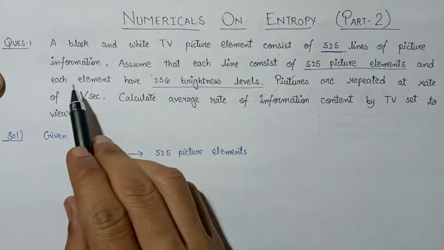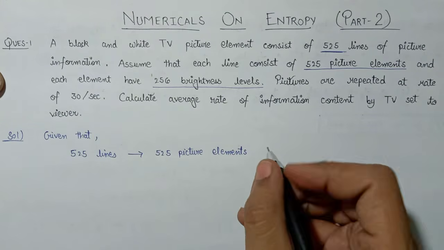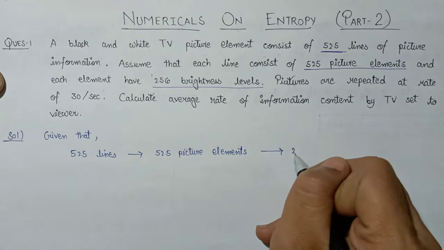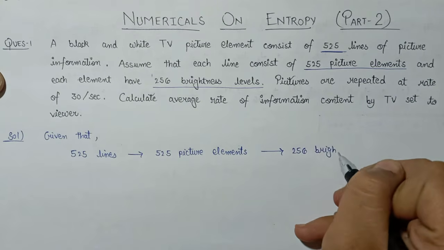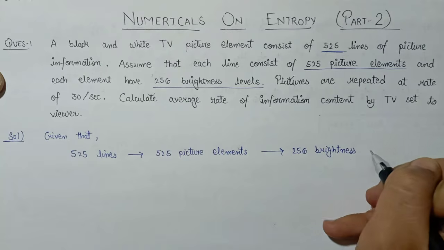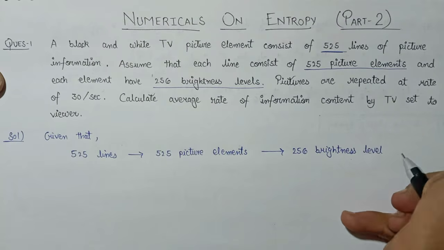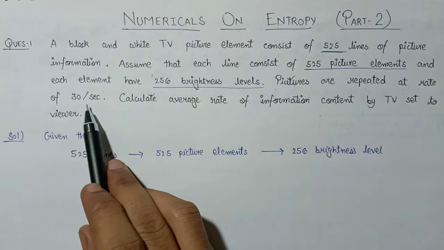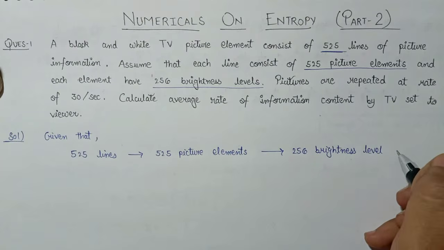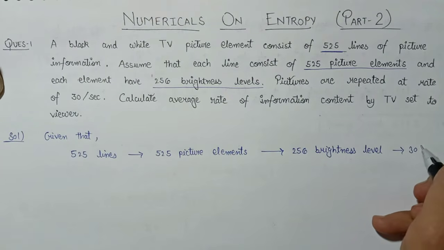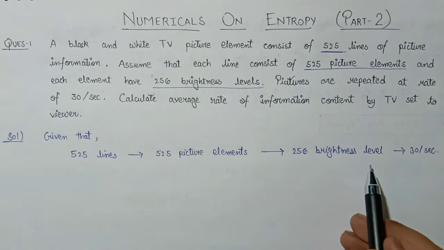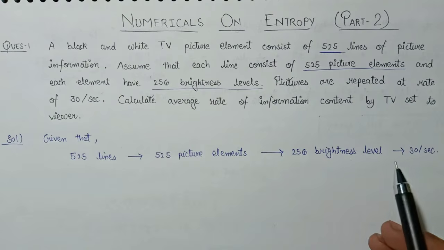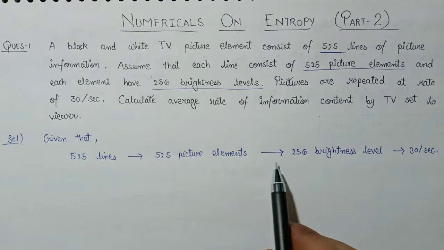Each picture element consists of 256 brightness levels, which are repeated at the rate of 30 per second. So this is the data which is given to us. I am repeating this data again and again because we will use it in solving the further steps in the numerical.